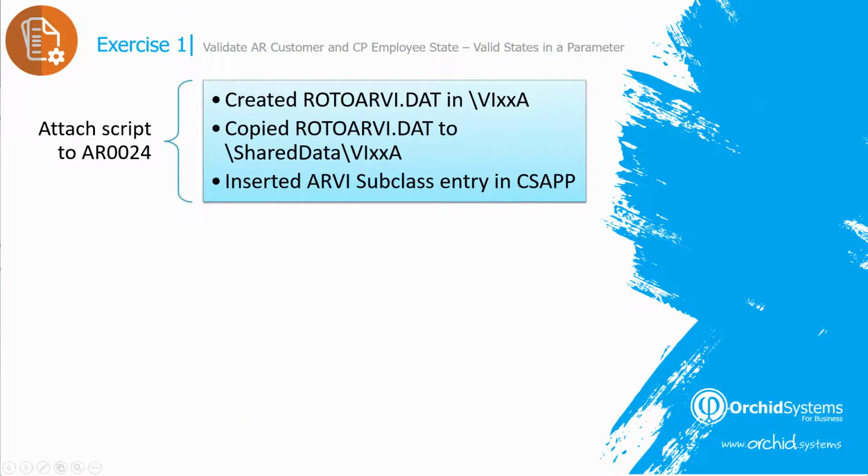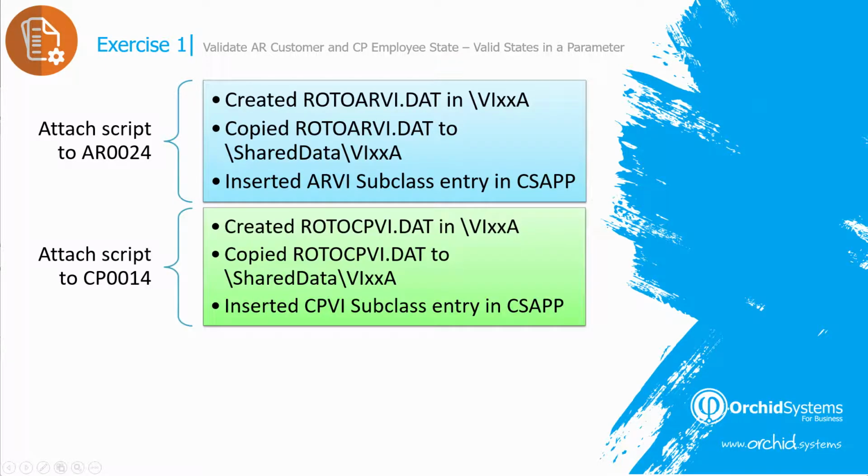We have seen when we attached the script that we imported to AR24, it created the roto.arvi.dat in the programs directory and copied the same file to the shared data directory in case any other workstations on this particular site have their own copy of the programs directory.